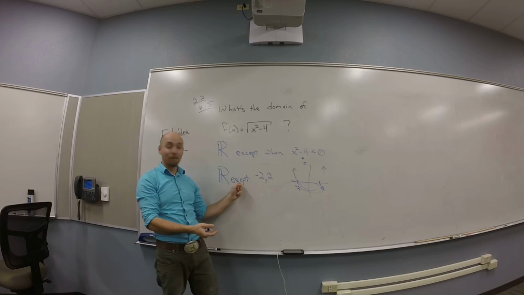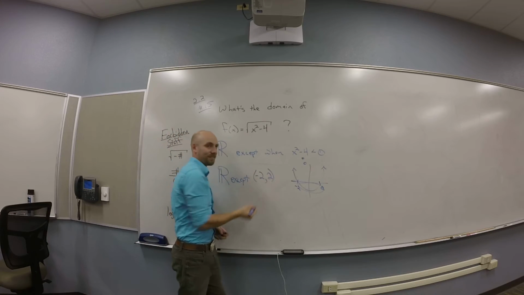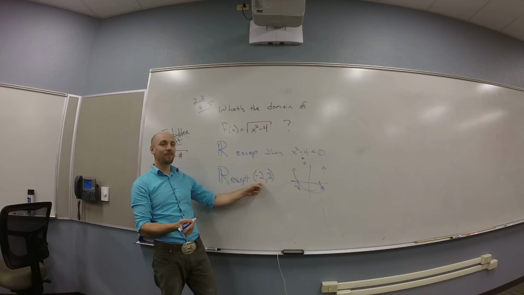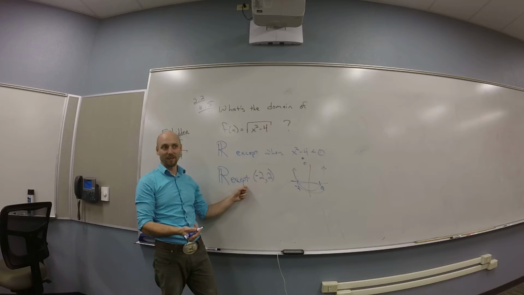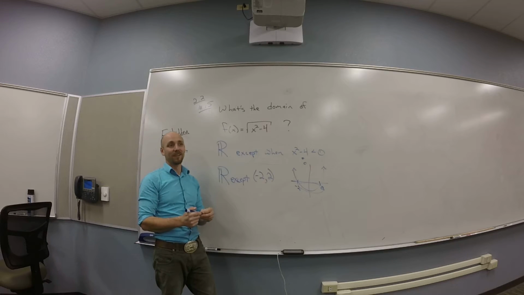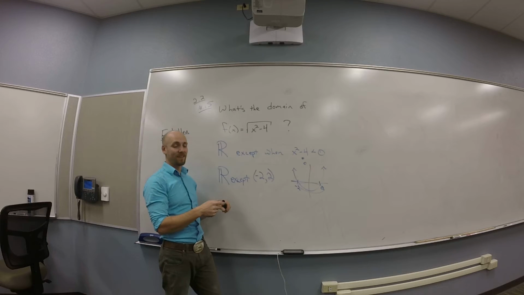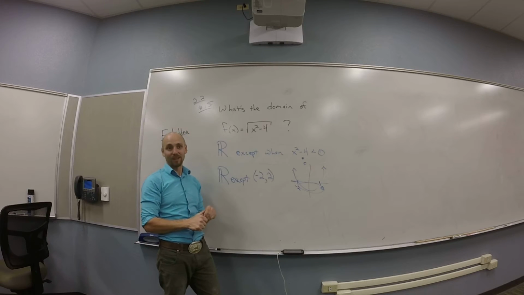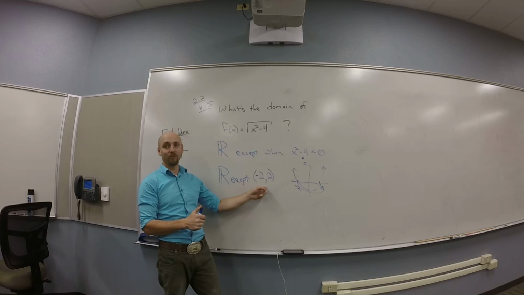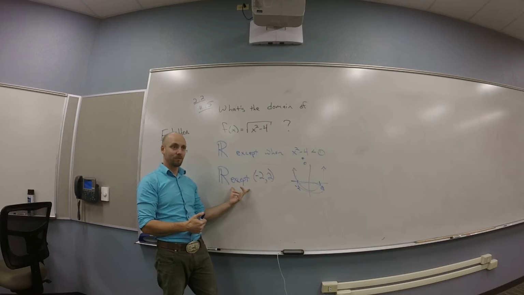So I can't accept it, so I need round parentheses on this because those are the bad values I'm talking about. You guys see that? And this is usually how you're going to approach domains. Usually you're not going to say these are the good values. You're going to start by saying which ones are going to break this thing, and then I'll just take those out.